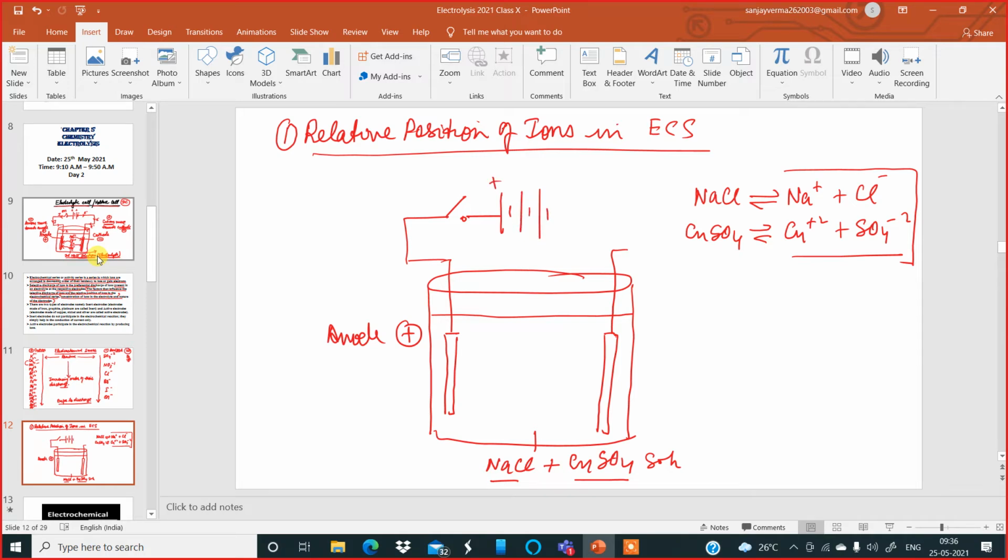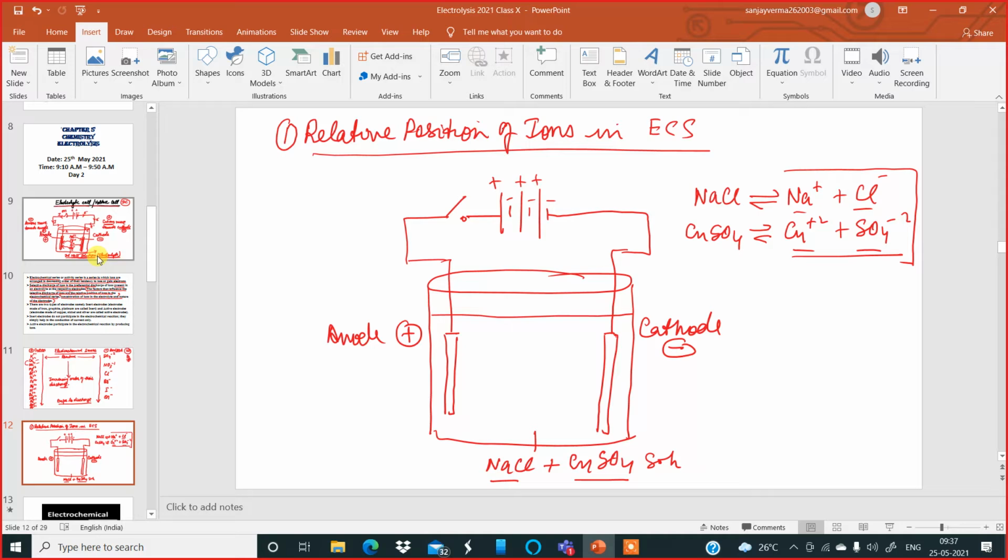The other electrode, which is called cathode, is connected to the negative terminal of the battery.